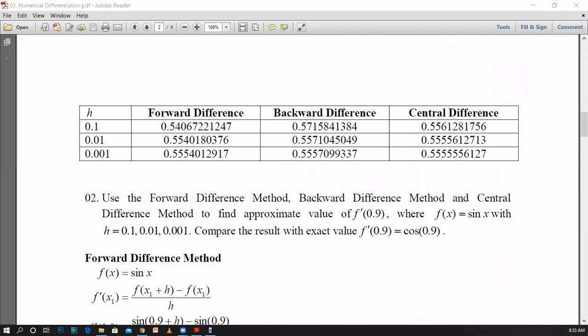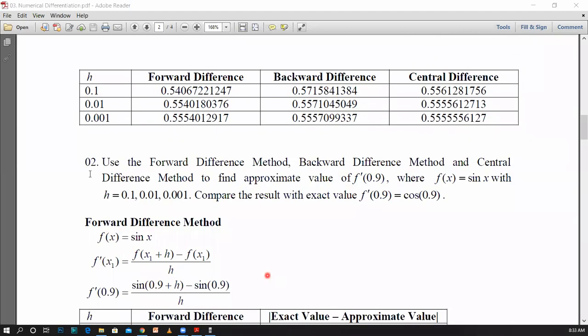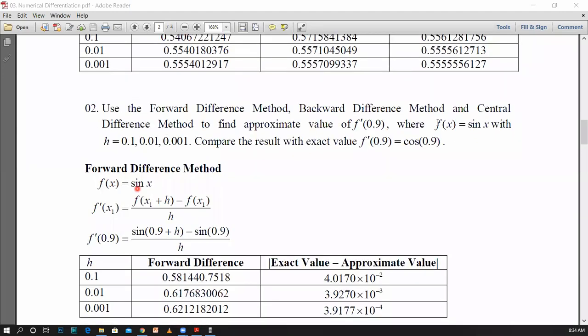Then if you go through that method, the function is defined as f(x), it is given, it is sin x. Then using the forward differencing method, the equation related to the forward difference method is this. Once you apply the appropriate values for x1 and h, you will get the value for the function at 0.9. We set x1 equals 0.9.